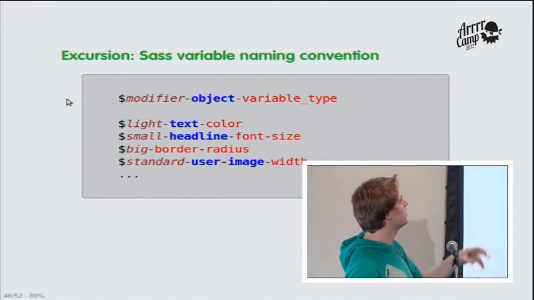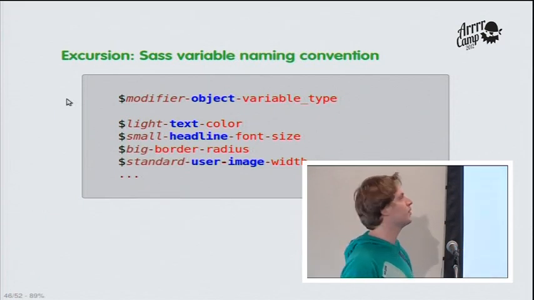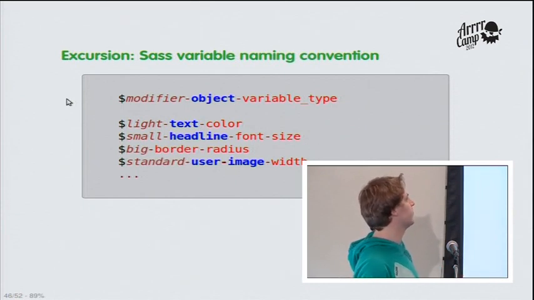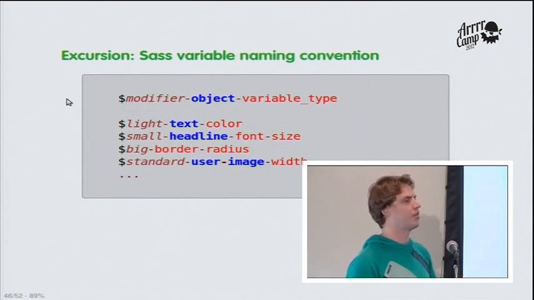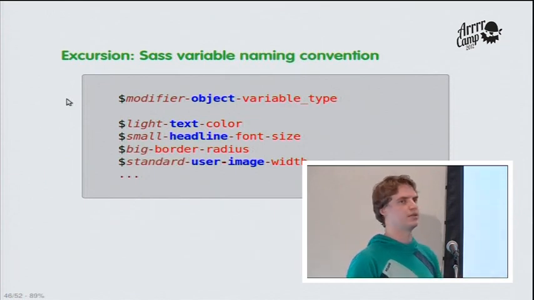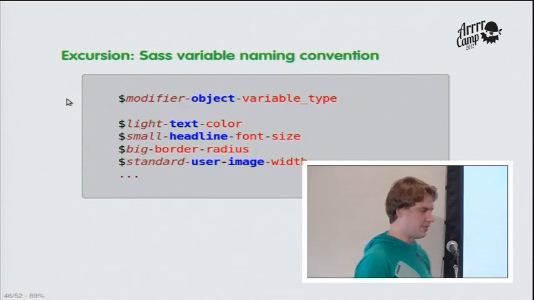Then you have an optional object part of the variable name that describes what this variable is actually about. So is it text, headline, user image, whatever. And then at the end you always specify what's actually in the variable. So is it a color, is it a font size, is it a border radius, is it a width? You can follow that convention for all your variables, and they become a lot easier to read. But this is actually not really connected to the style guide.